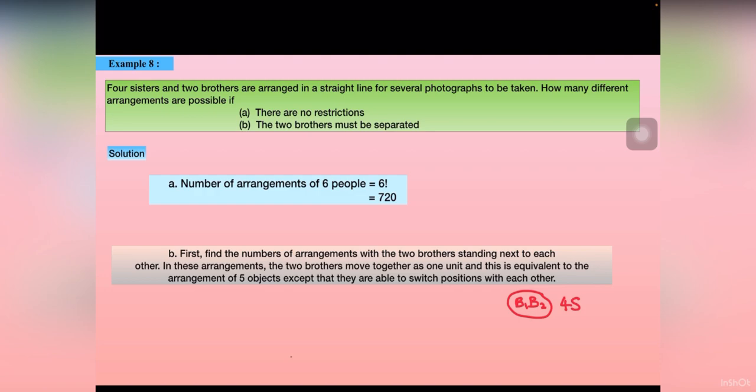So B1 moves to B2, and B2 moves to B1. Therefore, the number of arrangements with the two brothers next to each other is 5 factorial for these 5 objects, and this 2 factorial stands for the interchanging of the positions of these two brothers. So it equals 120 times 2 equals 240 ways.